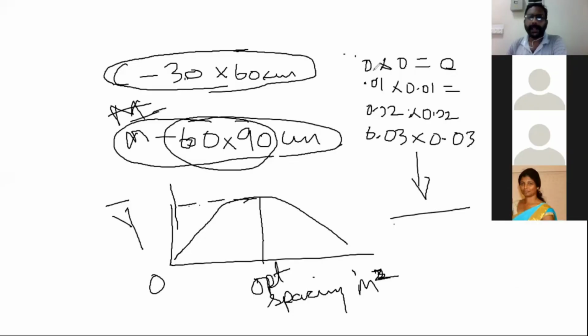Can you see how do you call this first spacing? How do you call this second spacing? There's a name for this, name for this. How do you call it? Inter. Yeah. So which one intra, which one inter?